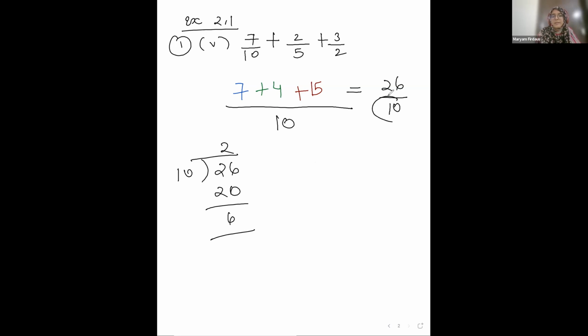You have to divide it by the denominator. No, she said 26 divided by 10, divided by 2, like both 26 and 10 will be divided by 2. Are you saying like this? Canceling? No, like first you write.